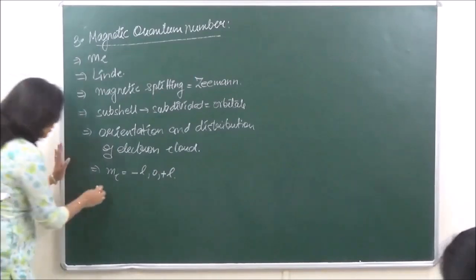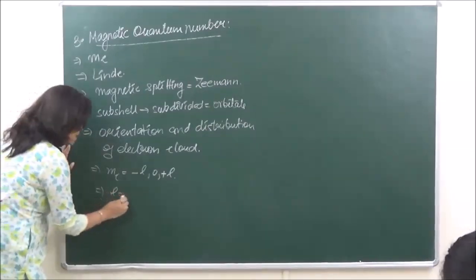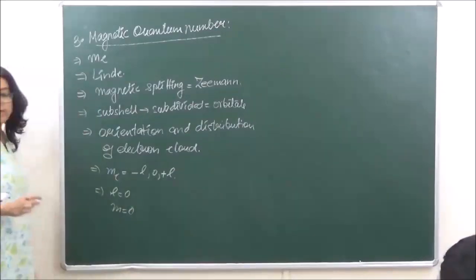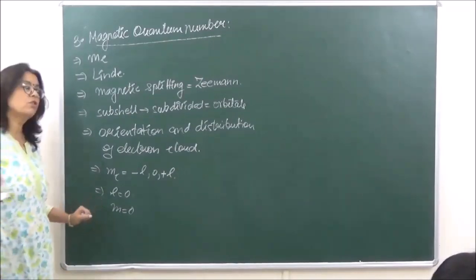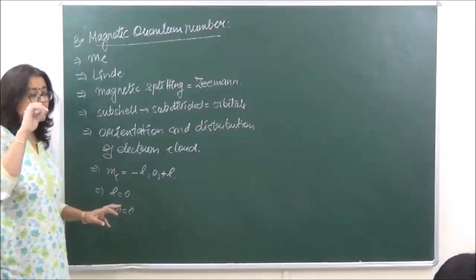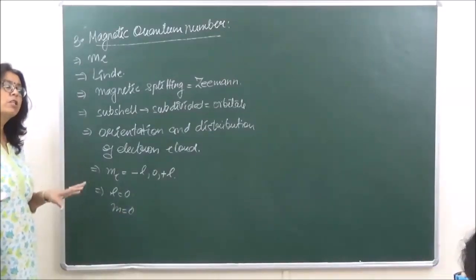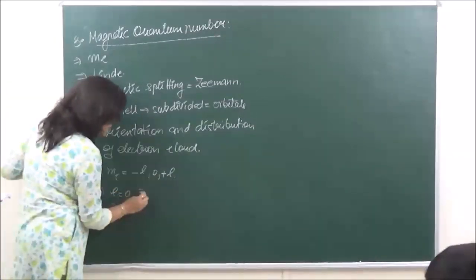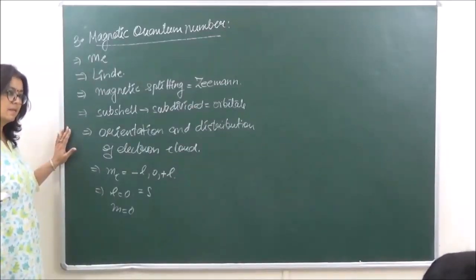So when we are talking of, let's say, l equal to 0, the value of m will also be equal to 0. Now if the value of m is equal to 0, it means that for this orbital, the orientation is going to be the same in all the three coordinates. Therefore, we know that for l equal to 0, the orbital present is s, right?